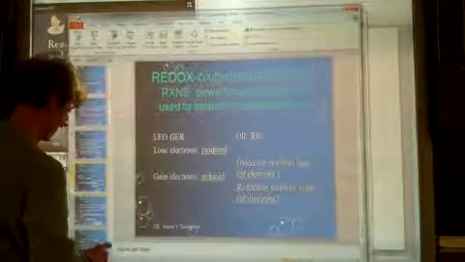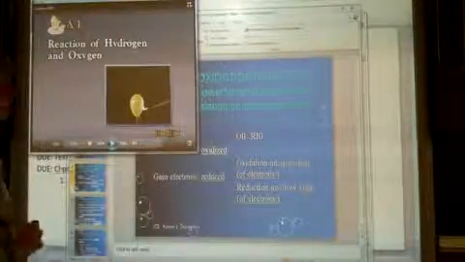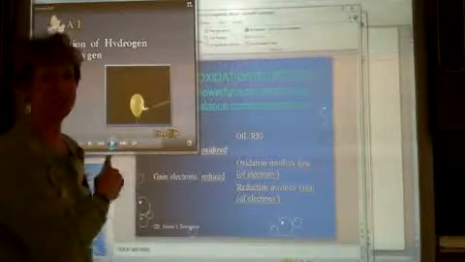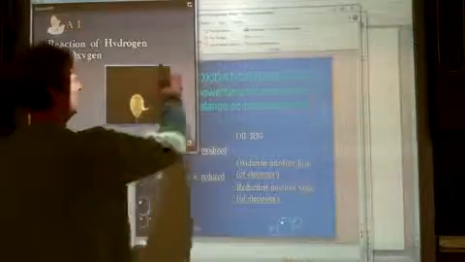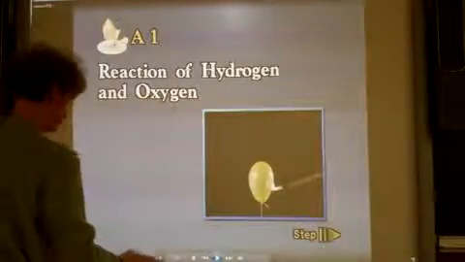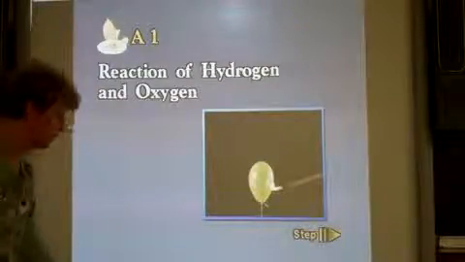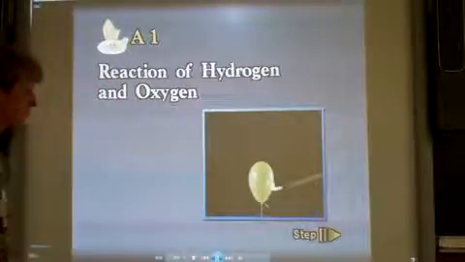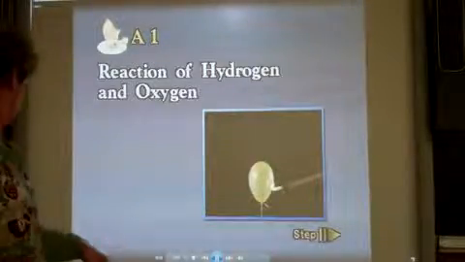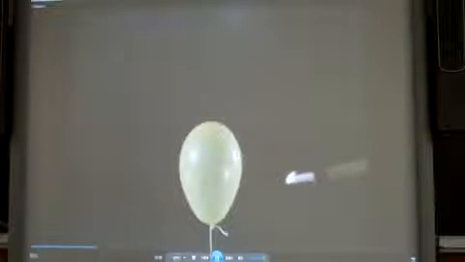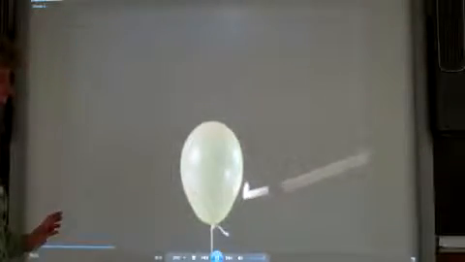And again, in a perfect world I would be able to show you all these demos, but it's much easier for me to show you all this on the movies. So let's take a peek at hydrogen and oxygen balloons. Okay, so you can see this is always fun anyway. Hydrogen balloon. Guess what?